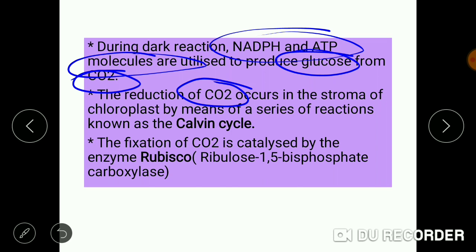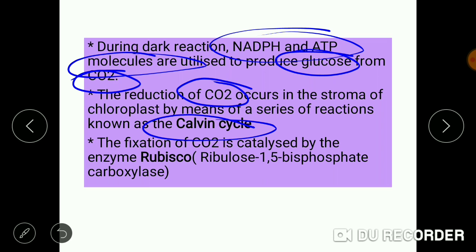There is a series of reactions taking place in this cycle, which is known as the Calvin cycle. This series of reactions takes place in the stroma of the chloroplast, in which CO2 is fixed into glucose, which can later be stored as starch.